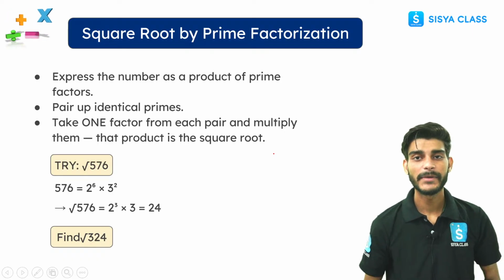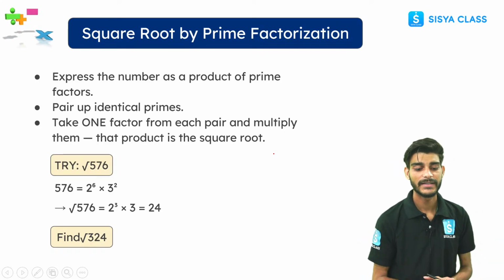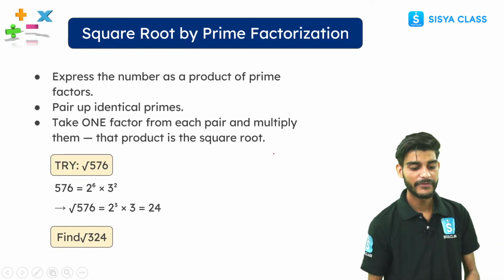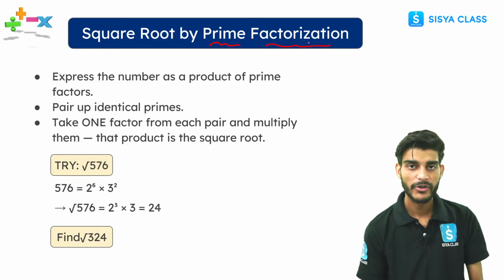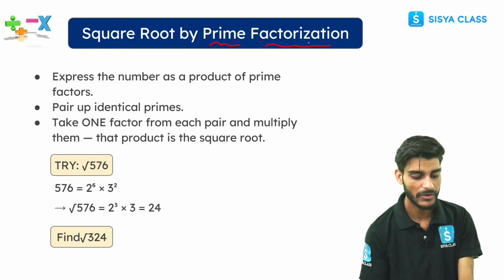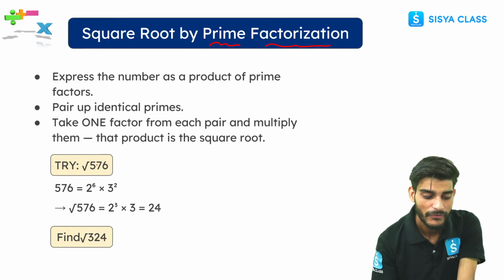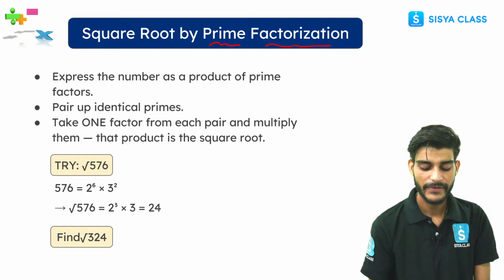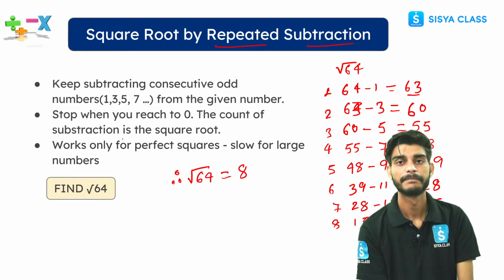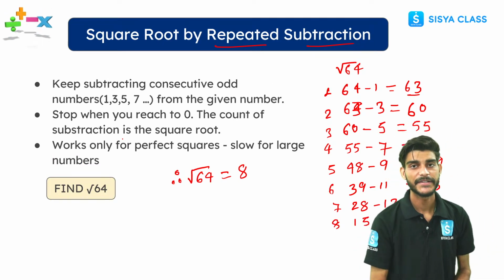Let's come to another method, that is the prime factorization method, and this is a very important and very famous method as well. It is very important from your examination point of view. So if you have to find the square root of 576. Now, where does the previous method fail? Why do we need the prime factorization method?